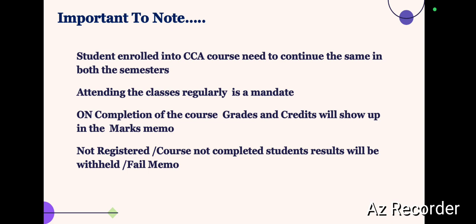That is, they will be awarded a fail memo at the end of their degree course completion. So students, be careful that you listen to the orientation video completely, go through the online registration process and complete the courses on time.